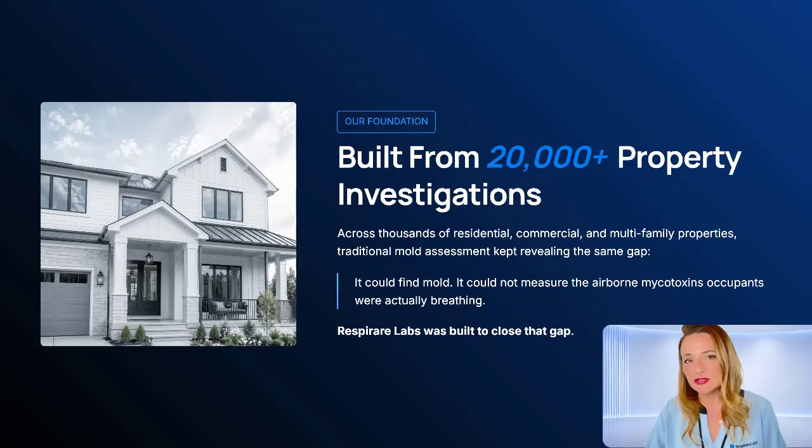However, these families remained sick. Mark knew something was being left behind, something that we were not able to test for. In 2022, Mark sold his business and attempted to retire. And I'm so grateful that he came out of retirement to launch Respirare Labs here in the United States. He is dedicated to filling that gap in the industry and for advocating for families like my own.